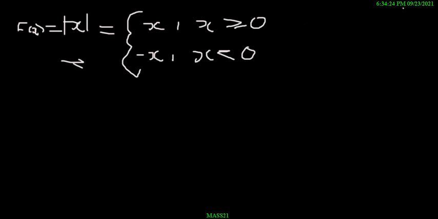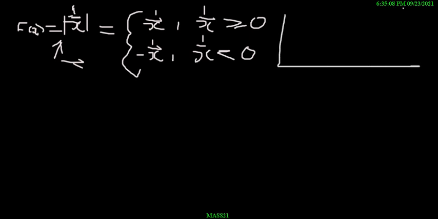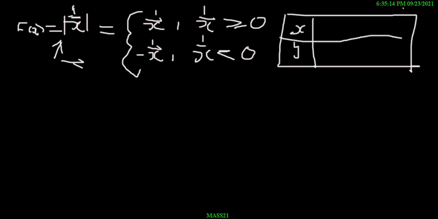Let's see the graph of 1 over x. So we come up with x values and y values: 1, 2, 3, 4.